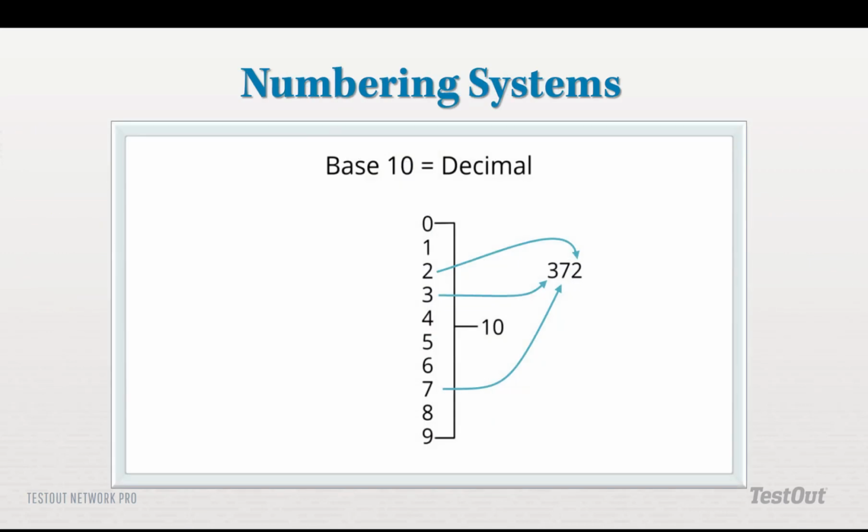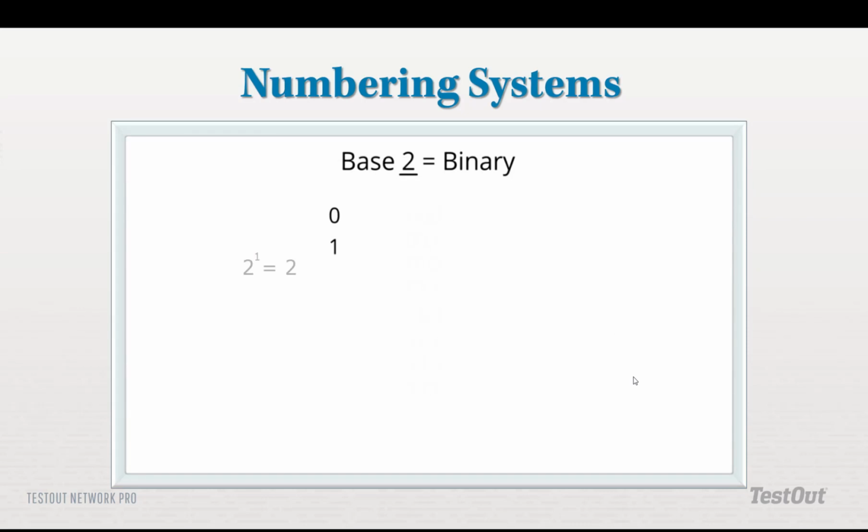So if you have 372, this is basically 2 to the 0, which is 1, 7 to the 10, which is 10 times 7, and 3 to the 10 to the 3, which is 100. So it's 372. And this explains it a little bit more. Binary is 0s and 1s. So you have 0, 1.